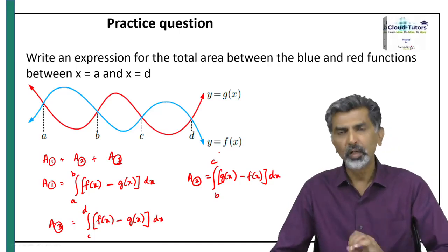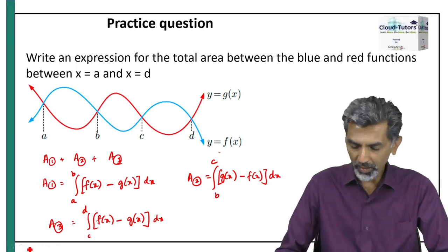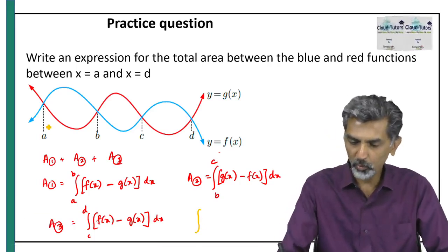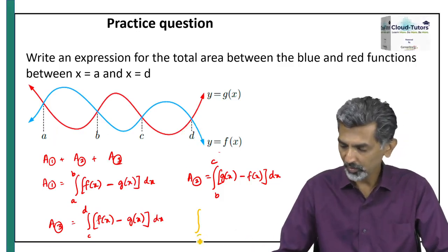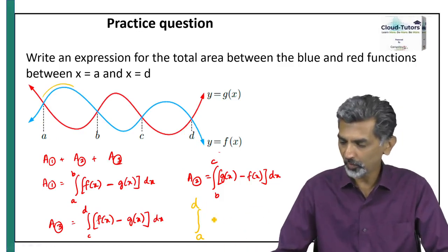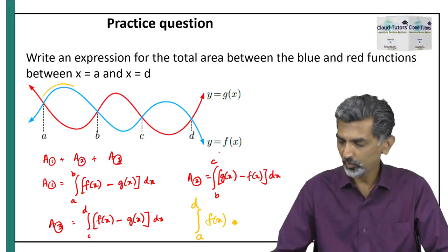And I want you to think about why we had to split it into three parts. Why did we not write it like this? We'll say it's going from x equals a to x equals d, so I will say a to d. And the upper function over here is f of x, and the lower function here is g of x.